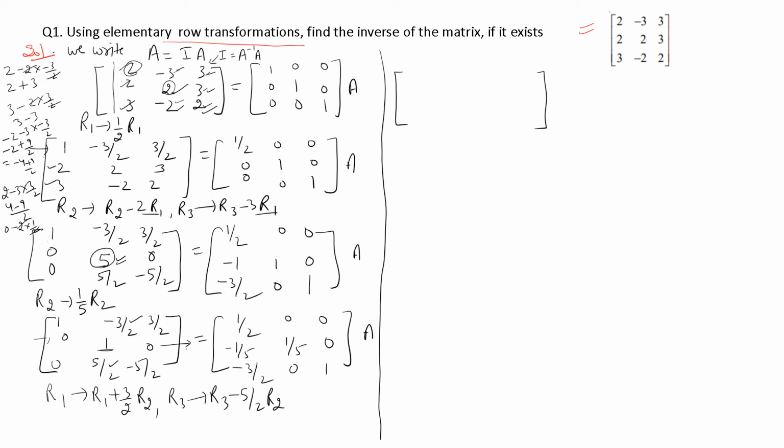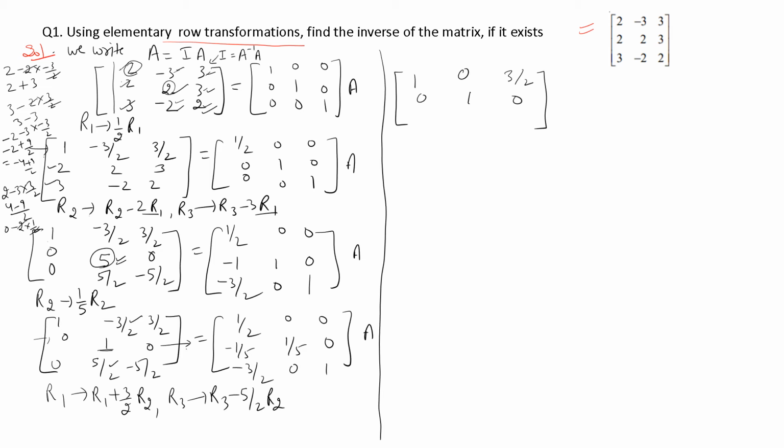So R1 is your 1, because plus 3 by 2 times R2 is 1 plus 3, 0 is 0. So minus 3 by 2 and this is 0 and this is 3 by 2 plus 3 by 2 times R2. This again is 3 by 2 as nothing is here. Second row is same as no entries there. And for R3 is R3 minus 5 by 2 times R2.